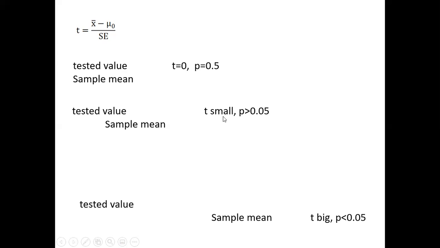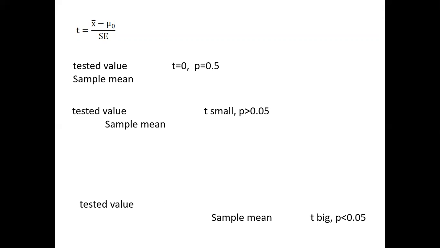This means what? Small difference. That means not much of a difference. T big means what? Big difference. There's a big difference between the tested value and the sample mean.